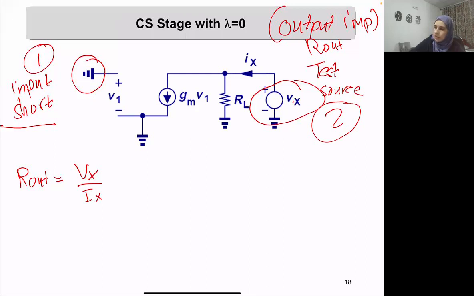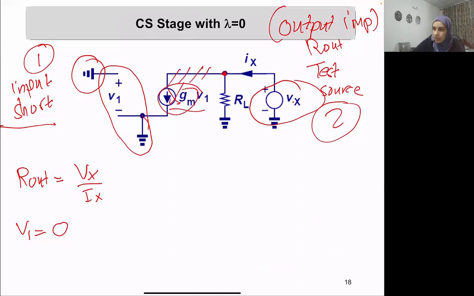So Vx is also equal to the voltage drop across here. Now, the first step is to discuss what V1 is here. Both sides of V1 are grounded. So V1 is equal to 0 since we have shorted the input, and therefore this current source is basically 0.